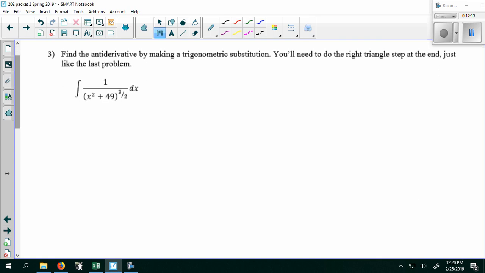Okay, last problem of the activities. I want to find the antiderivative by making a trig substitution. So x squared plus 49. That's an x squared plus an a squared, which means I should use the trig sub a tan theta. So 7 tan theta, which means that dx is 7 secant squared theta d theta, and I sub.